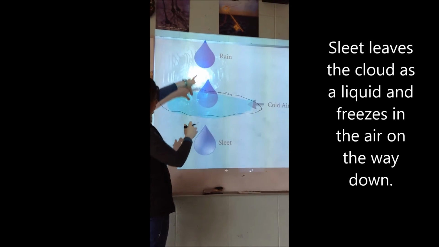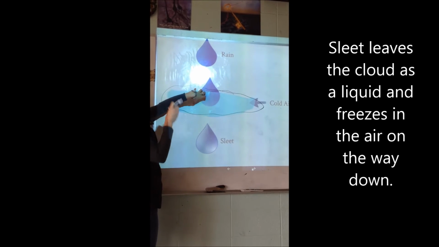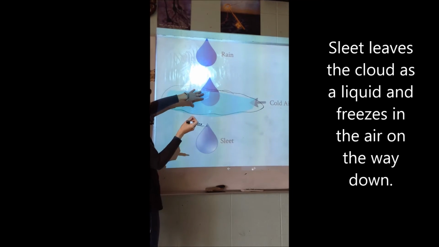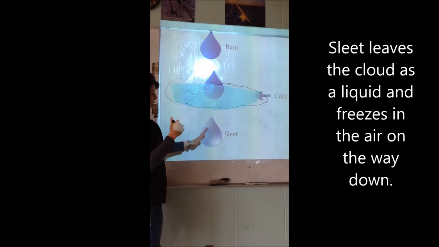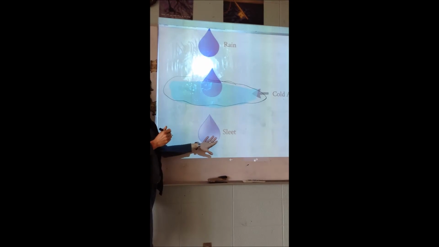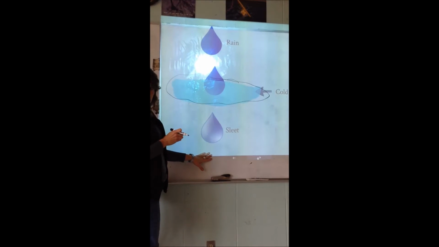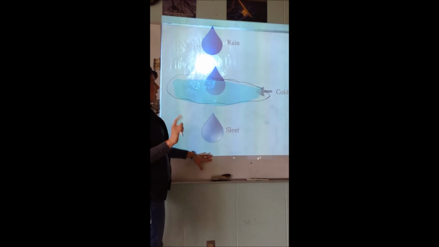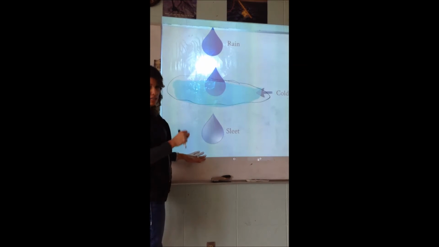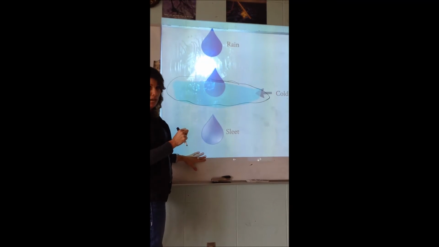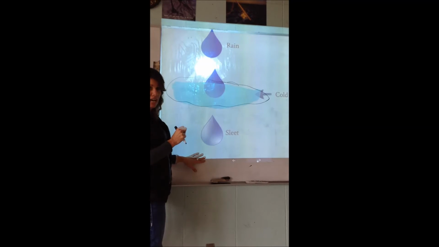And so it hits this cold patch of air and it freezes into a little tiny piece of ice. Now, as it freezes, then it falls as sleet and hits the ground as a solid. So remember, sleet leaves the cloud as a liquid and hits the ground as a solid because it froze in midair. Okay? How exciting is that?